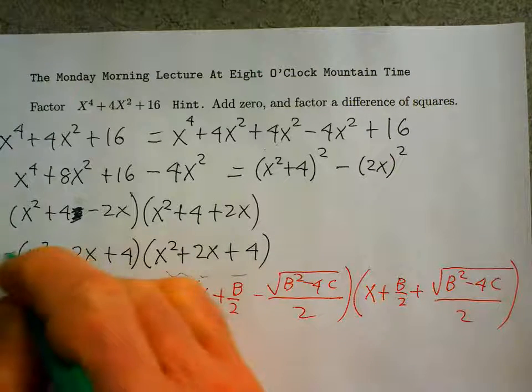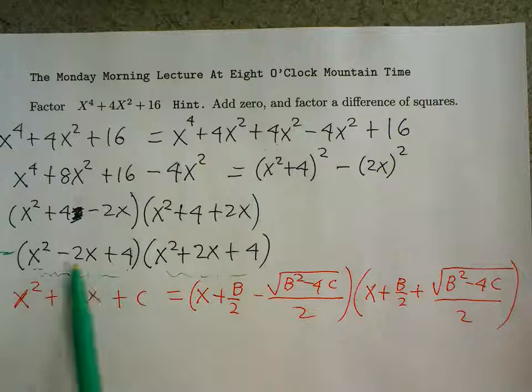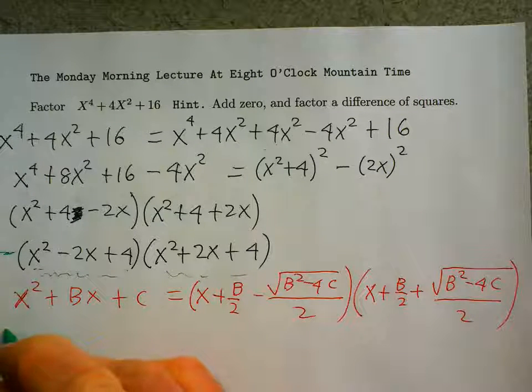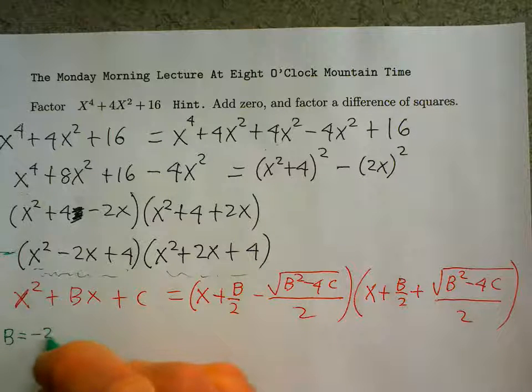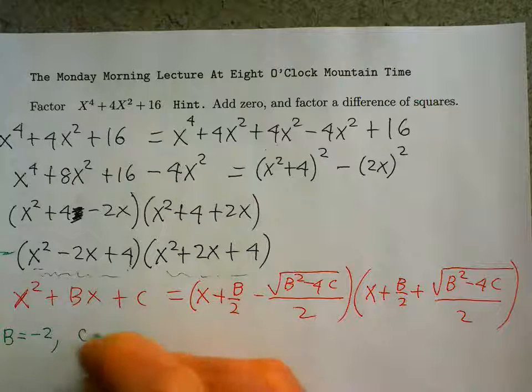And so using that formula for this first trinomial, the value of b is negative 2 and the value of c is 4.